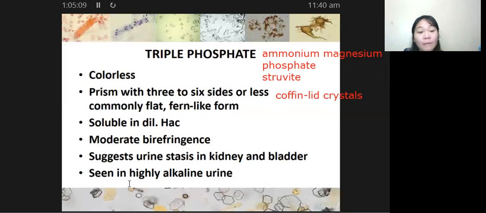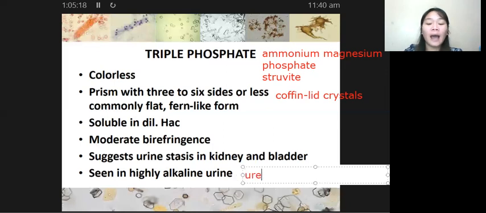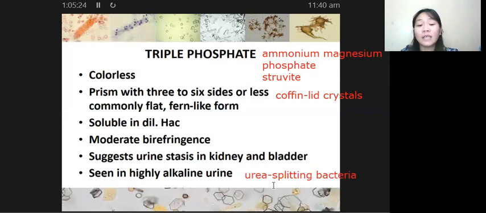Ibig sabihin, this is also a crystal that is associated with your urea splitting bacteria. So ano na ulit yung isang crystal that is associated with the presence of your urea splitting bacteria? Okay, very good. We have your ammonium biurate. So another is your triple phosphate.